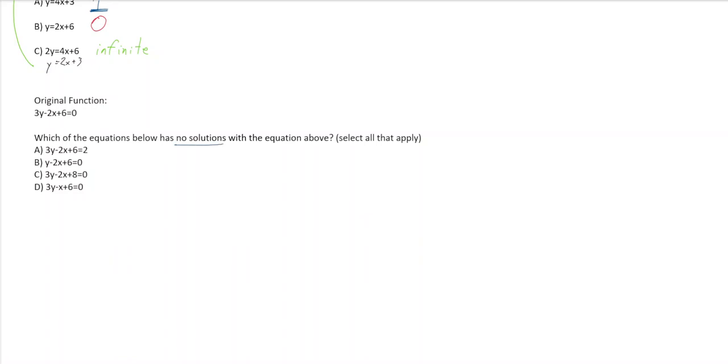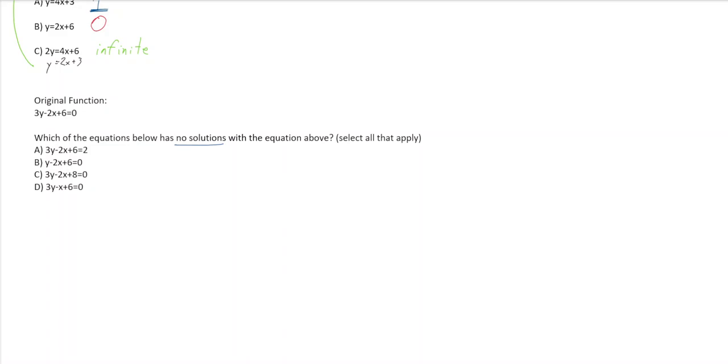They have to have the same slope, but a different point. So how do we check to see if that's the case? Well, there's a few ways to think about this.